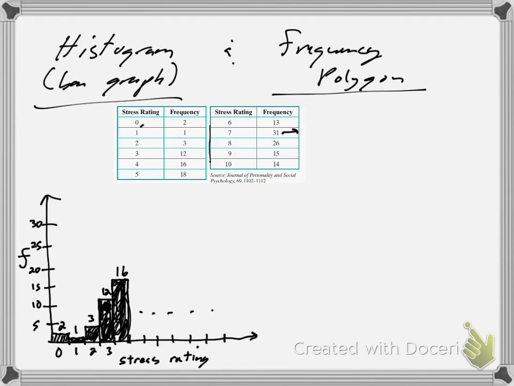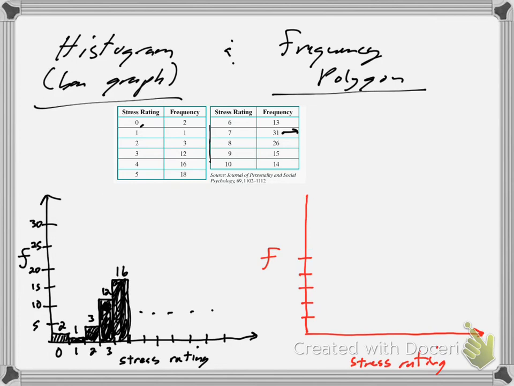Now the frequency polygon is identical to that in a lot of ways, okay? The difference is that with that, again, I do my stress rating down here, and my frequency up here. So this is, again, each of these is 5, we'll say.